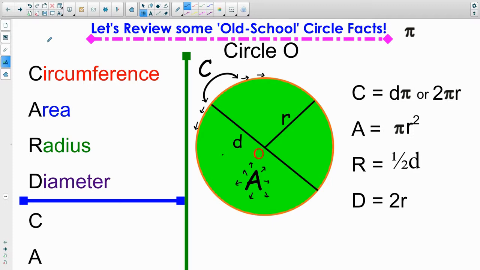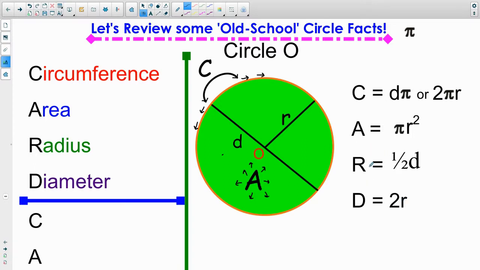So just before we continue and review that really quickly, before we get to the important part of today's lesson, which is the area of sectors, let's review some of these basics. Remember, if we look here on the right side, that a diameter, which is a chord that goes through the center of the circle, will always be equal to twice your radius, or 2r.